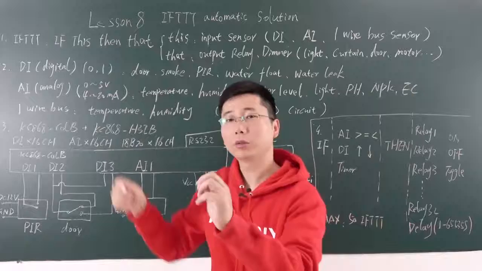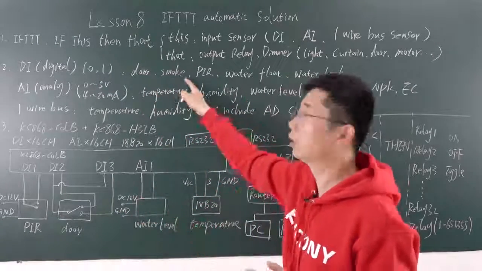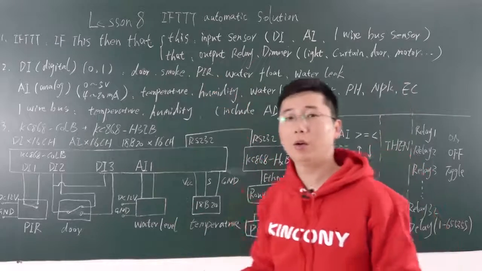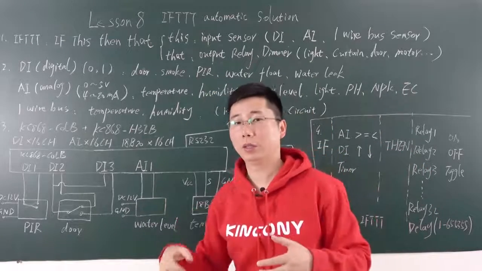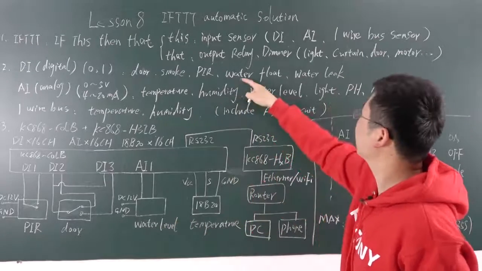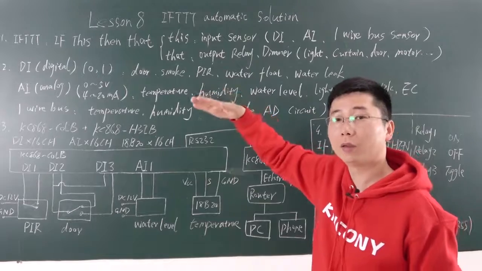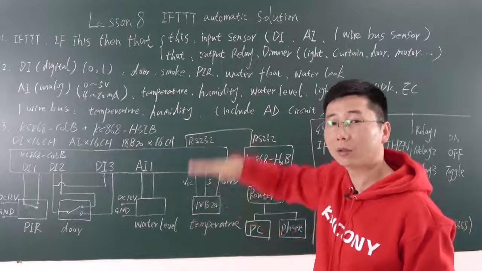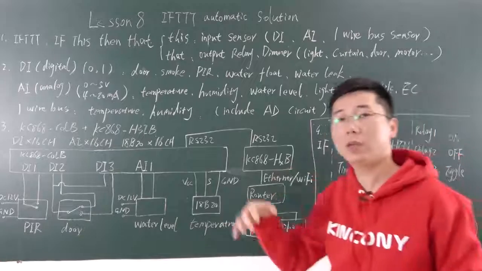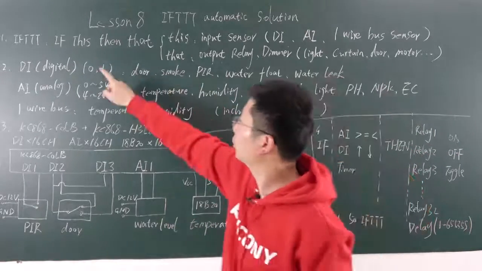The door is open or closed; there is smoke or no smoke; a person exists or not; the water level is high or low; there is a water leak or not. All these sensors have two states.